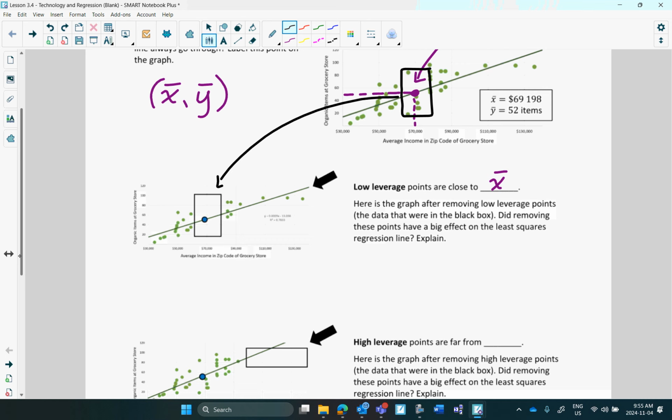It looks like it maybe went up slightly, but not very much. Slope here doesn't look very different. So, no. The y-intercept and slope didn't change much.